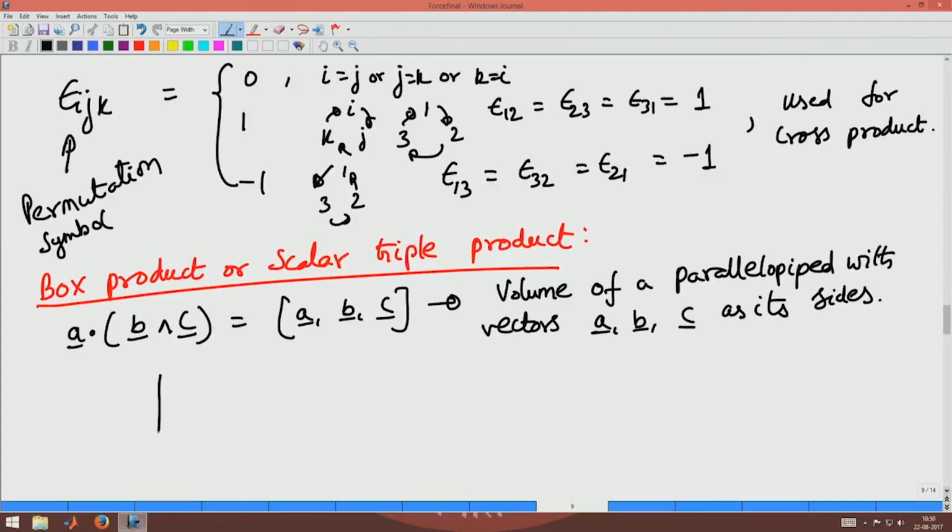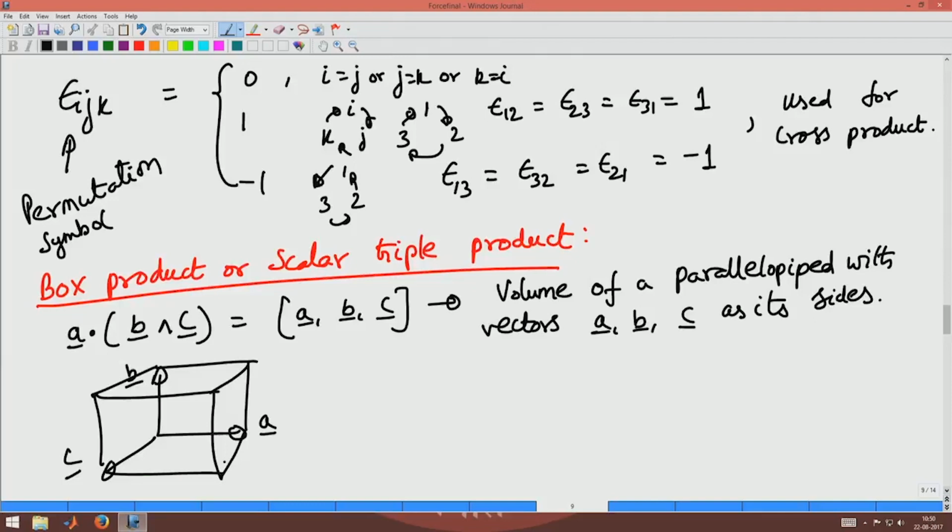So, basically if I have an A vector, B vector and a C vector, I form a parallelepiped like this, and the volume contained in this parallelepiped is what this scalar triple product gives us.